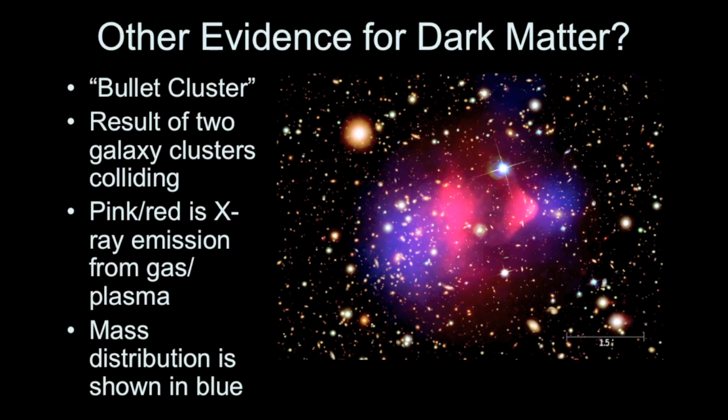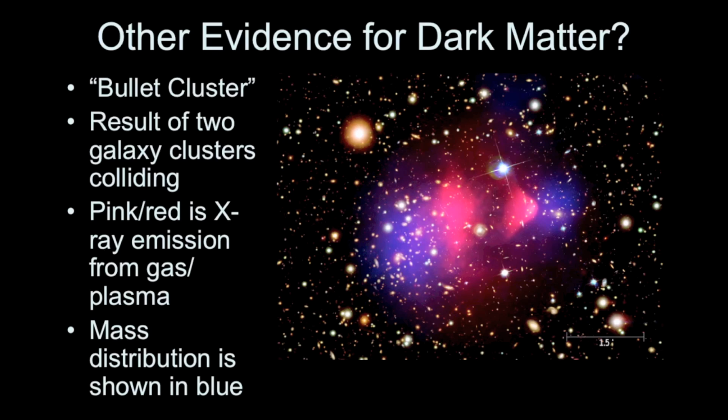There's other evidence that we have for dark matter that points to dark matter being an actual material or particle and not just a modification to the equations that we have for gravity. For example, the image that I'm showing you here is of the bullet cluster, which astronomers believe is the collision of two galaxy clusters.